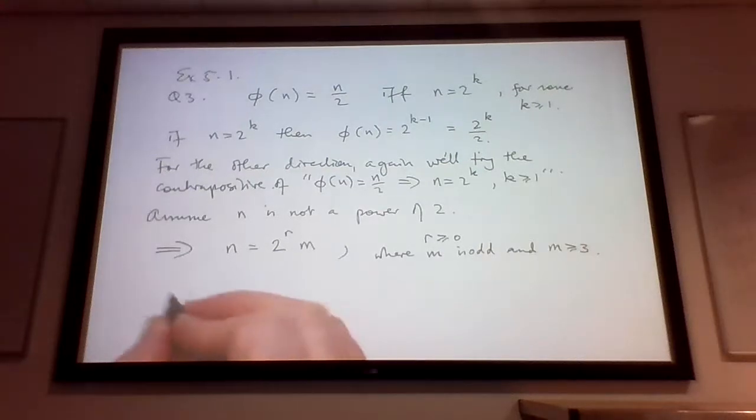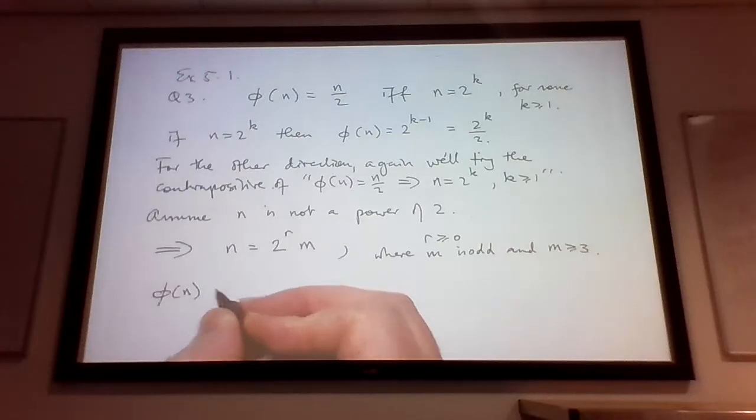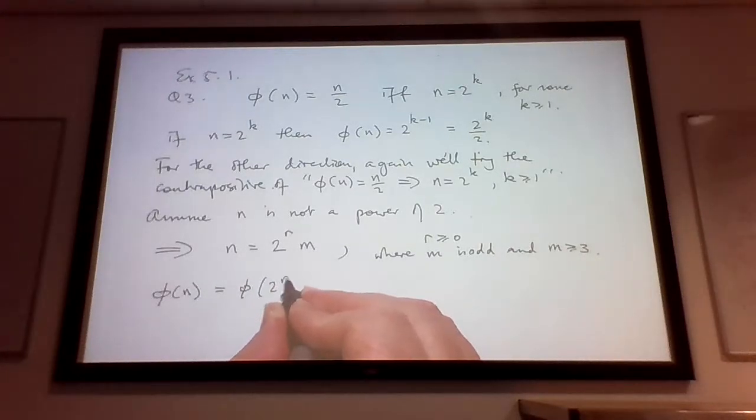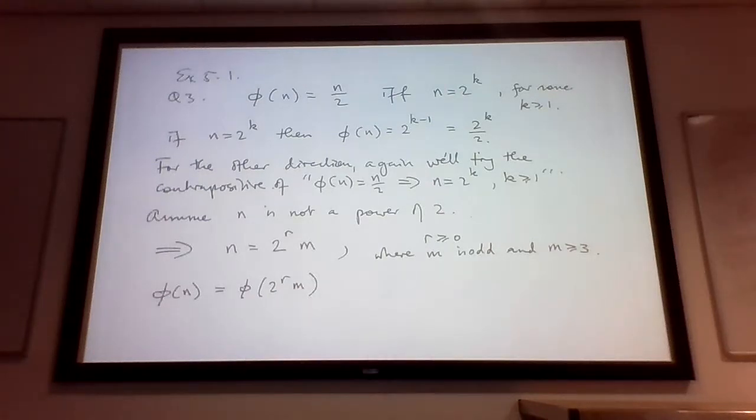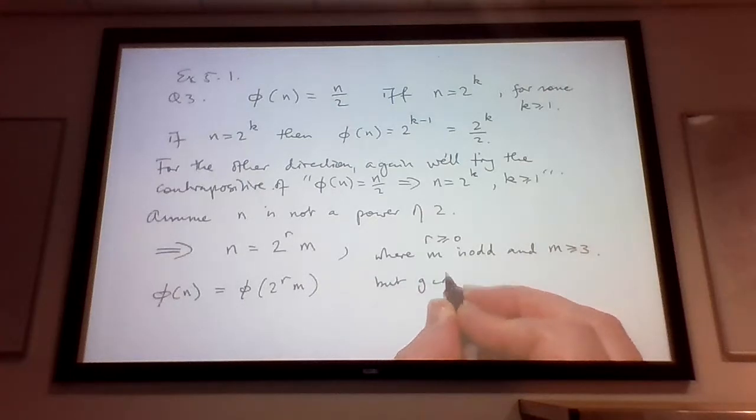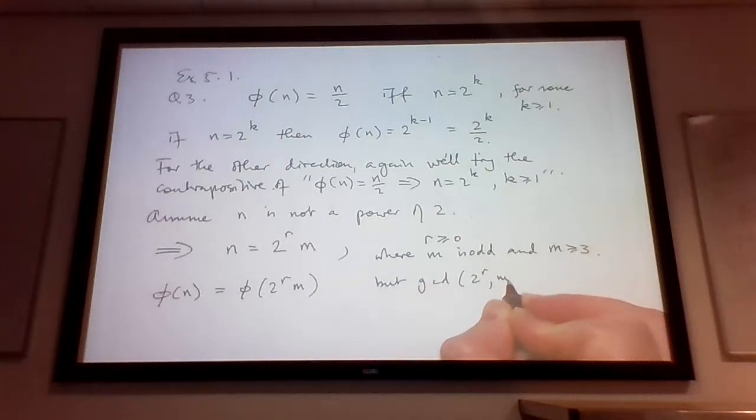So let's have a look at phi of n. It's phi of 2 to the r times m. So these are co-prime, GCD of 2 to the r and m is 1, because m is odd.